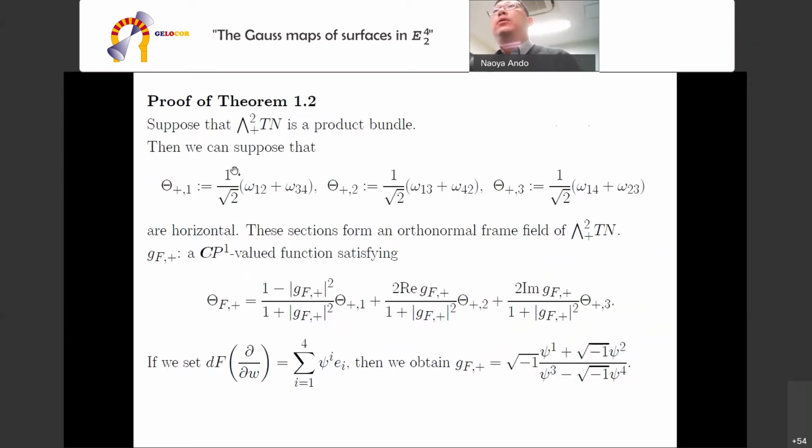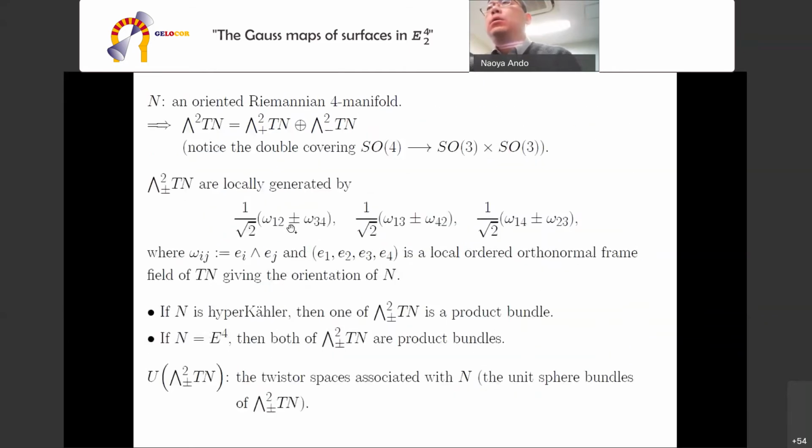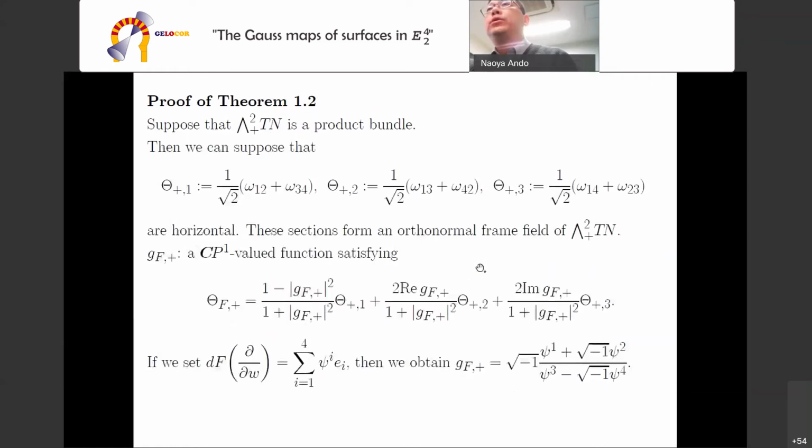Suppose that this subbundle is a product bundle. Then we can suppose that theta^+_1, theta^+_2, and theta^+_3 are horizontal. We can suppose these sections form an orthonormal frame field of this bundle.